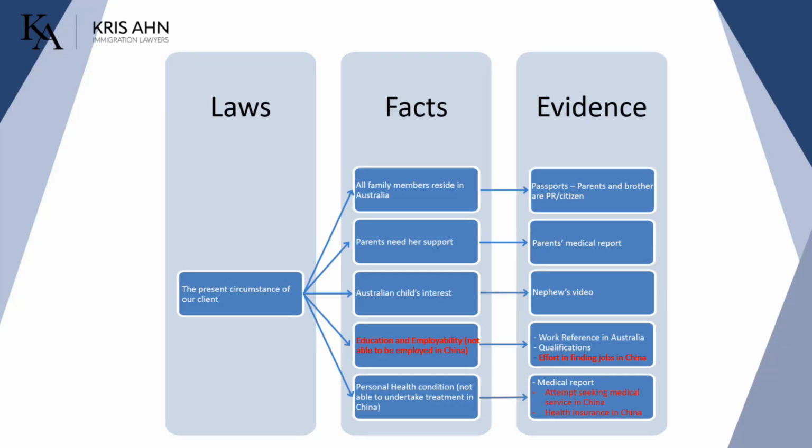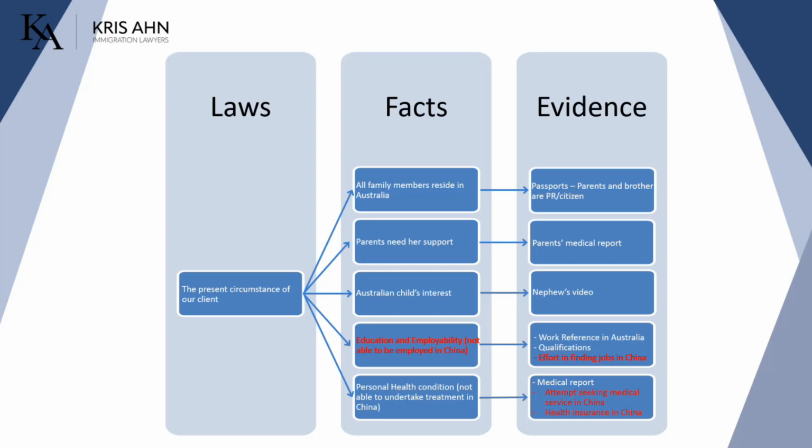So we collected the parents' medical reports, the father's and the mother's. There's evidence I didn't list here, because as I said, my client has an older brother who is also an Australian citizen. So we also need to prove why the brother is not able to be the carer.